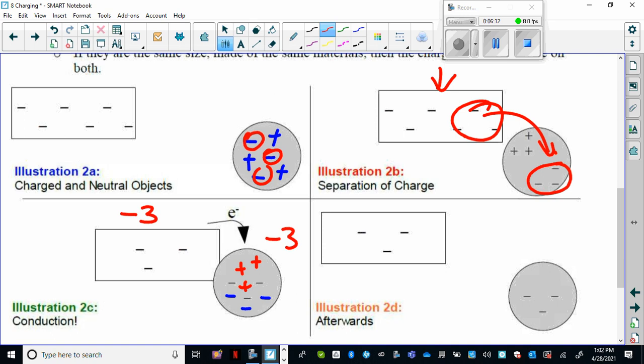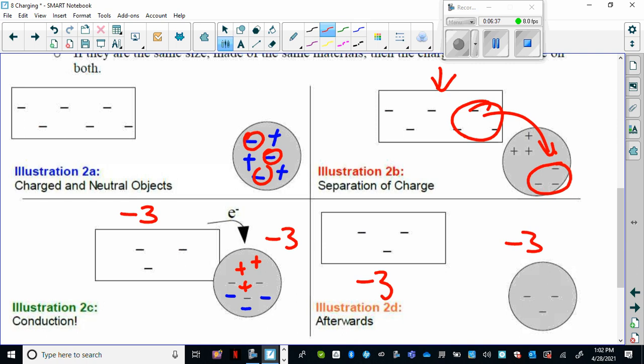We did that in the first lesson, the conservation of charge. And therefore, once you separate them, they will have an overall charge of -3 each. So now these objects will repel one another, which was clearly shown in the demonstration. You hold a negatively charged ebonite rod near a pith ball.